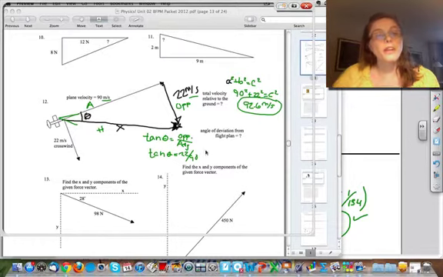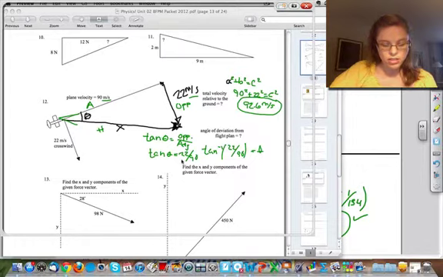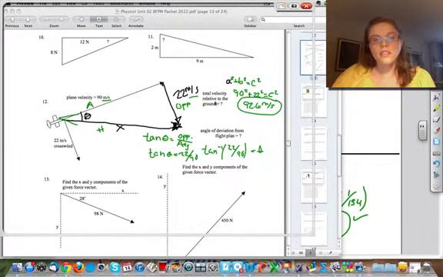To get theta all by itself, we have to do inverse tangent. 22 divided by 90 equals theta. And let's put that into our calculators. I got 13.7 degrees. There we go.